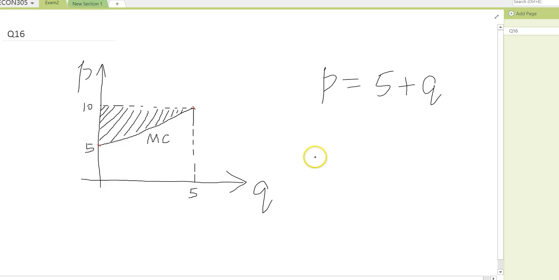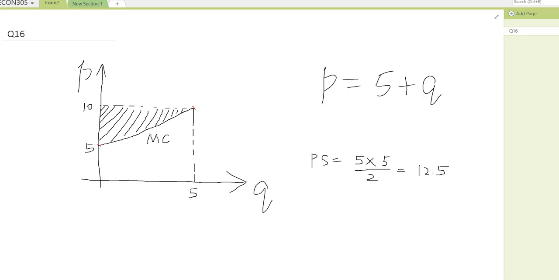So the producer surplus should be 5 times 5 divided by 2. That's the area of a triangle. So it's 25 over 2, which equals 12.5.